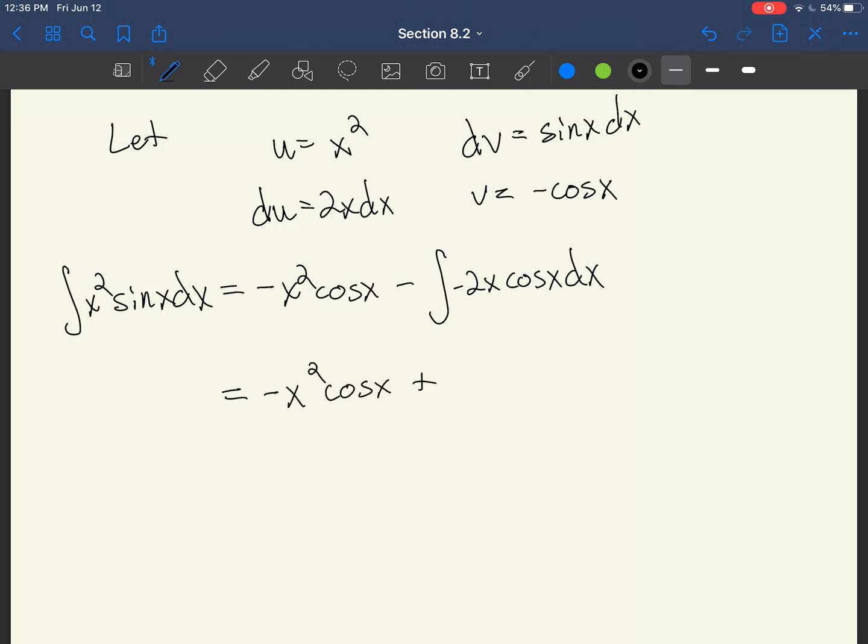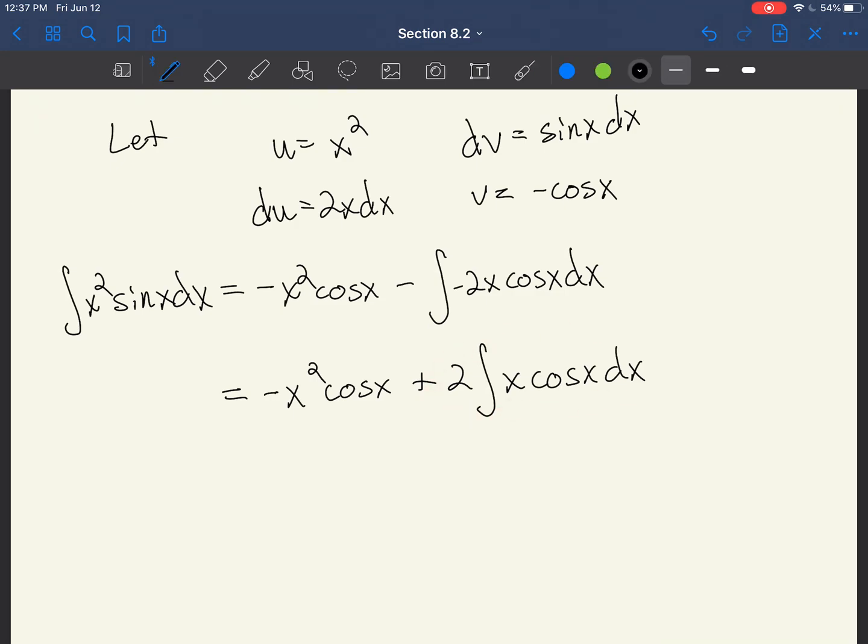That's minus x squared cosine x plus 2 times the integral of x cosine x dx. So we now need to integrate x cosine x, but this is nicer than x squared sine x because we have 1 power of x instead of 2. So it looks like we were on the right track. So you didn't choose incorrectly for u.